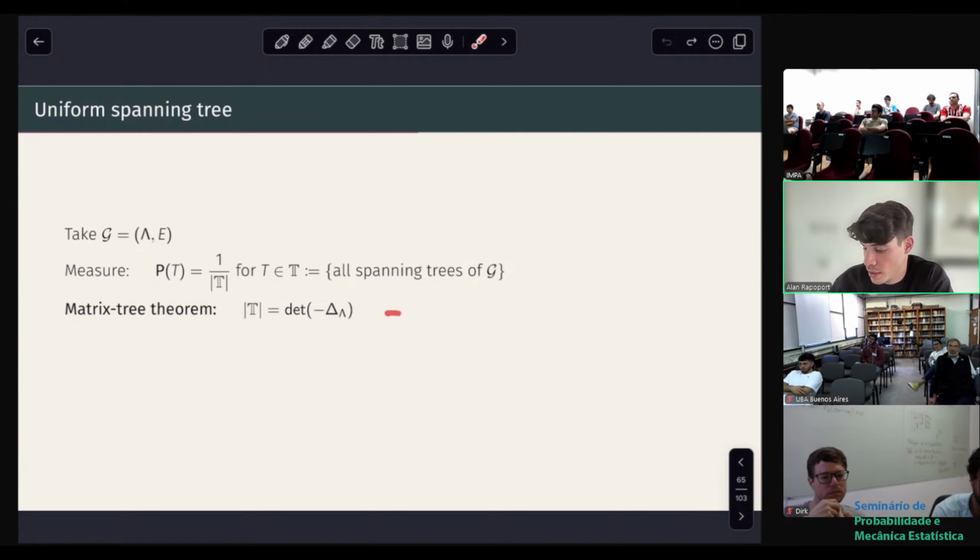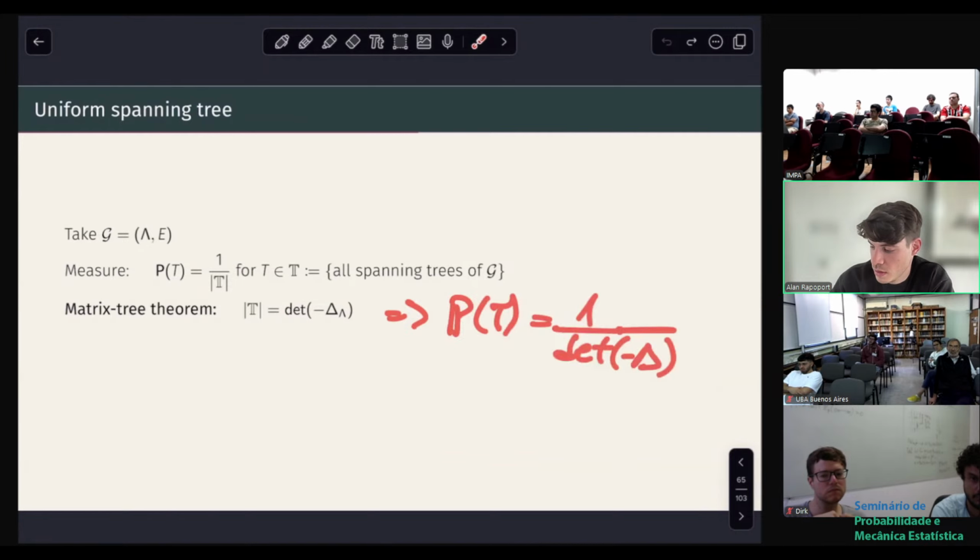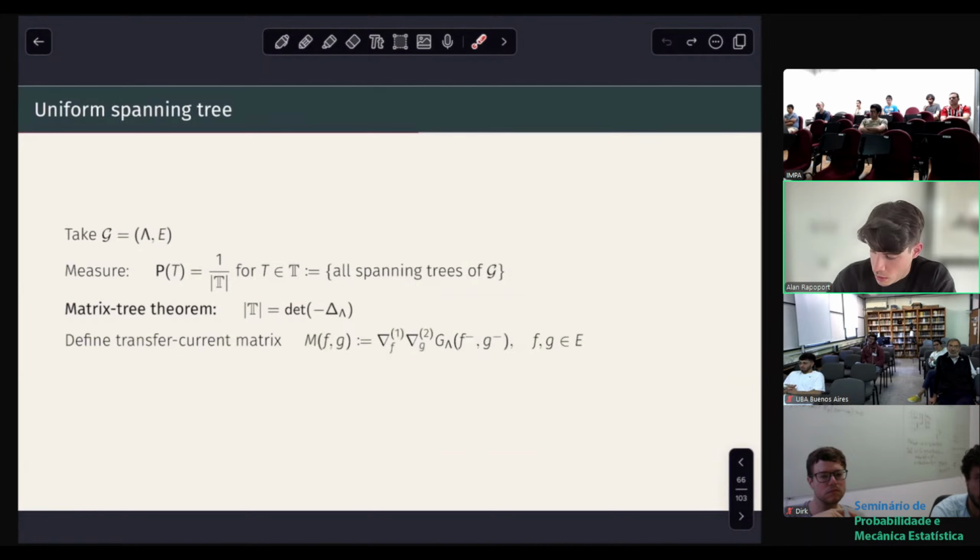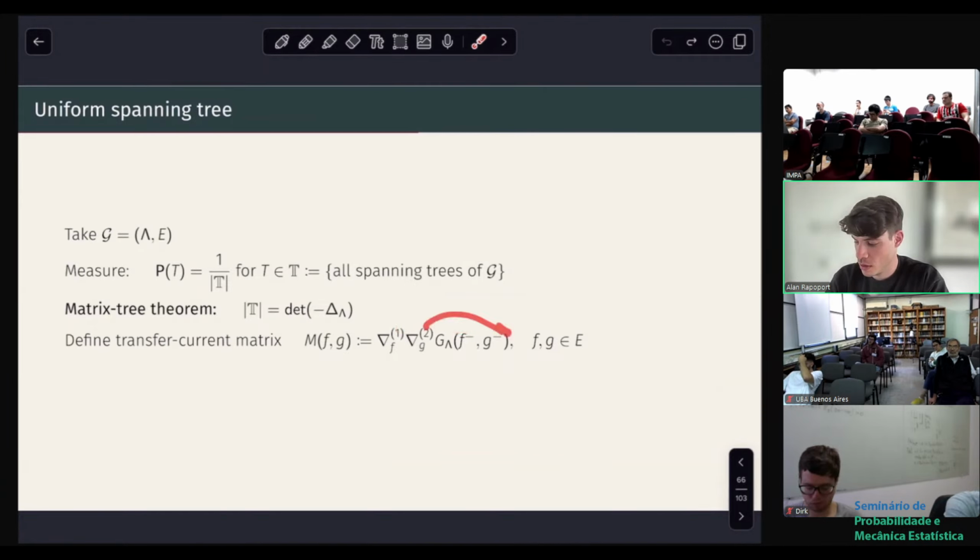So in particular, that means that the probability of this will be given by the inverse of the determinant, right? And now you can define a transfer current matrix, which is none other than the double gradient. When I say double, sorry, I should have clarified it earlier, the first one acts on the first argument and the second one on the second argument.